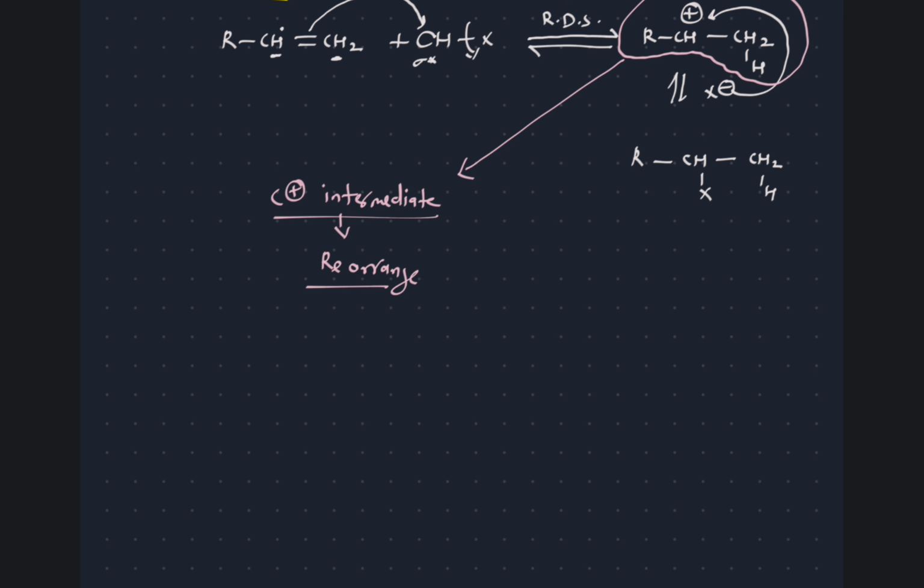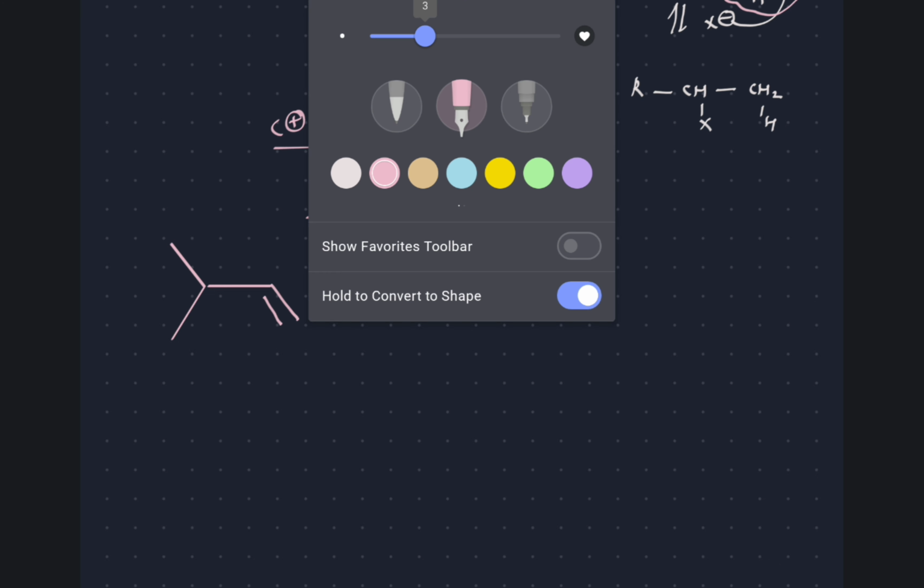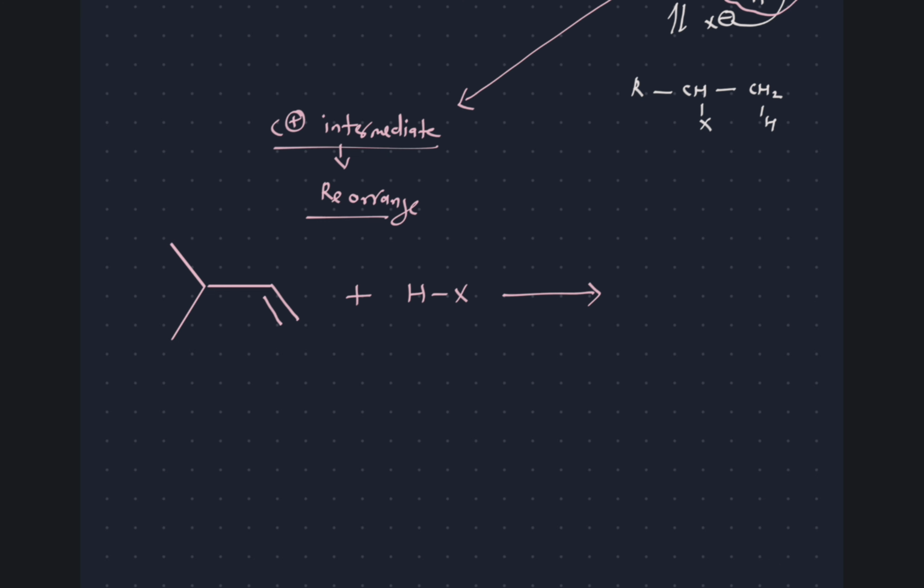For example, you have this reagent, and you are adding HX on this reaction. In this step, you can form this carbocation because this is the more stable carbocation after addition of hydrogen.